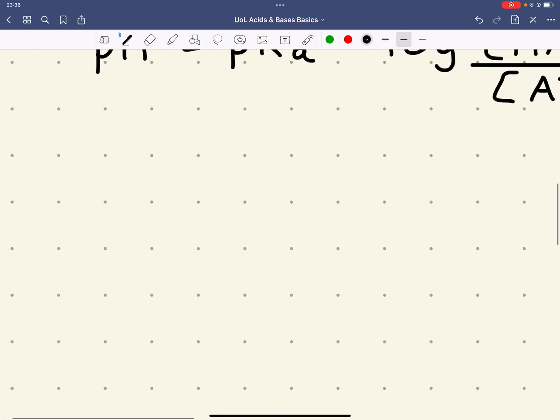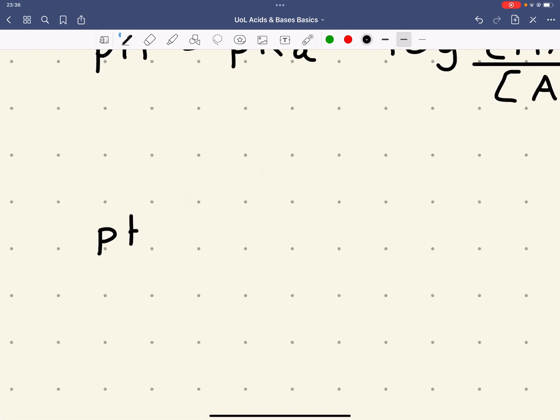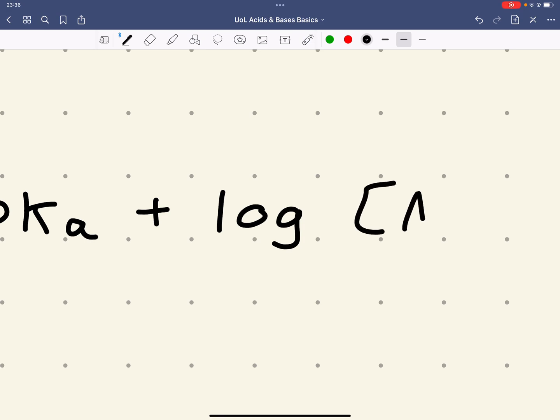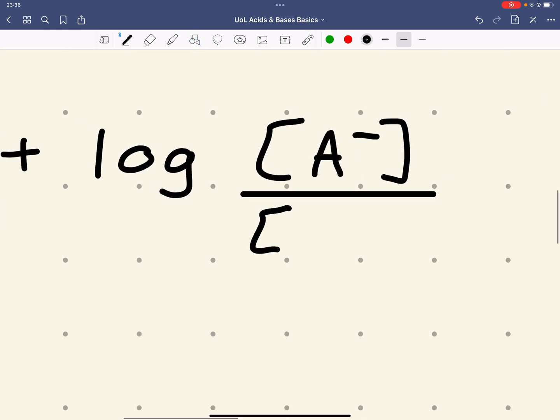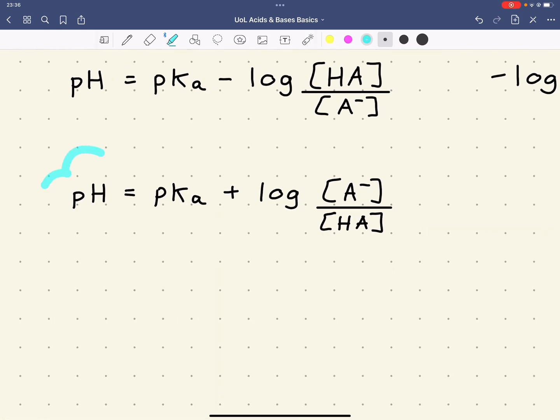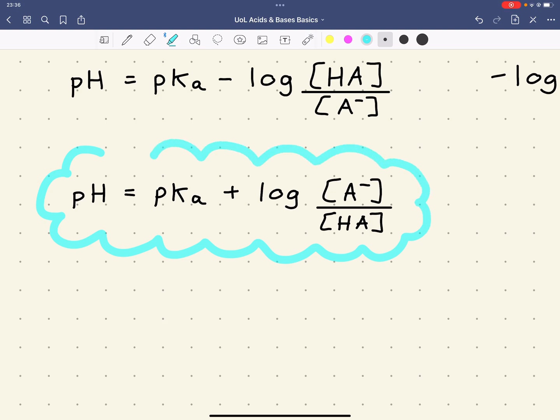When we do that, that gives us pH is equal to pKa plus log of the concentration of A minus over the concentration of HA. And that there is the Henderson-Hasselbalch equation, the one that you're most likely to see in textbooks.